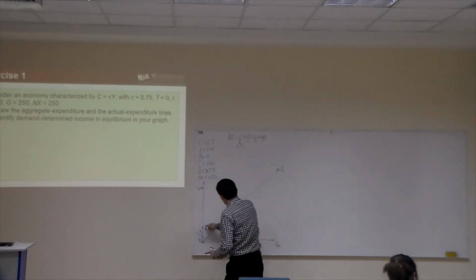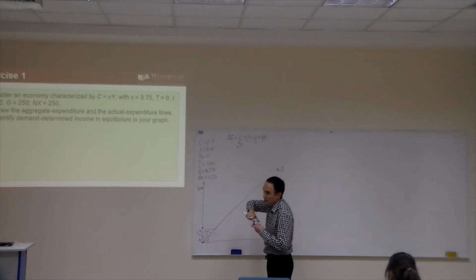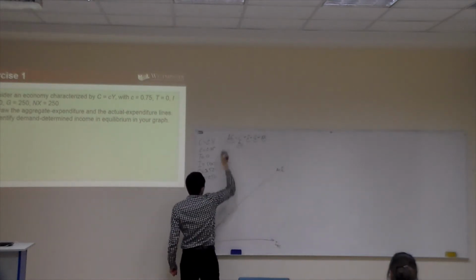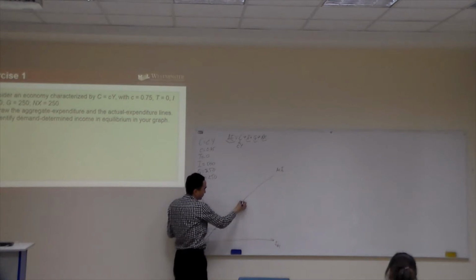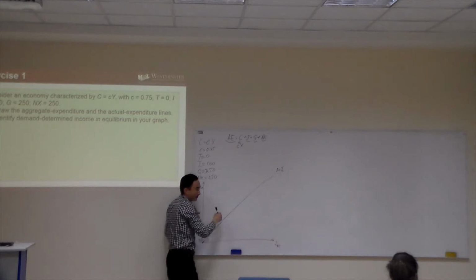In order to draw the aggregate expenditure line, we have to find the equilibrium income. Can we find it with this given data? We can easily find it, right? At the equilibrium level, expenditure is equal to income.